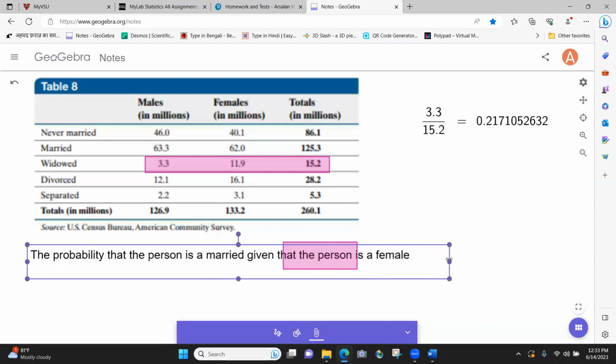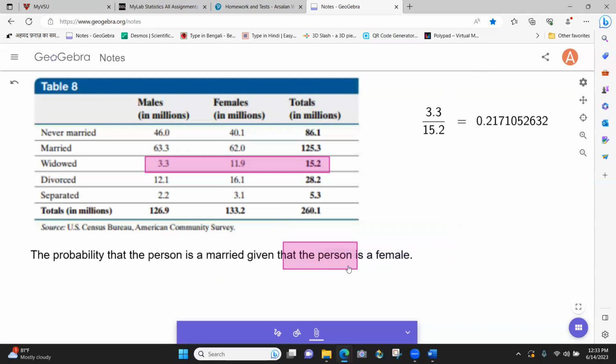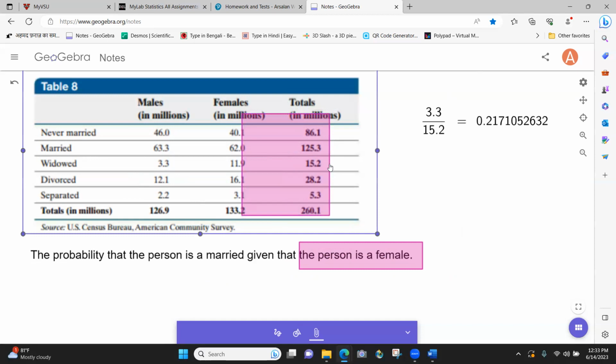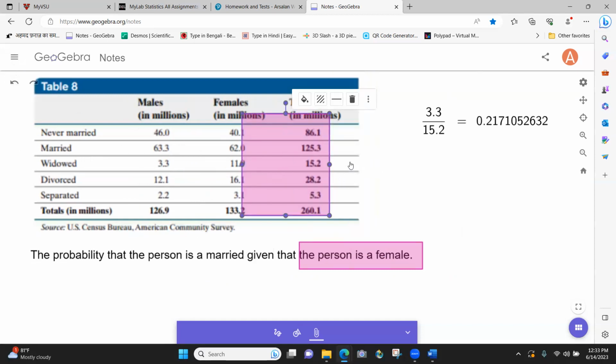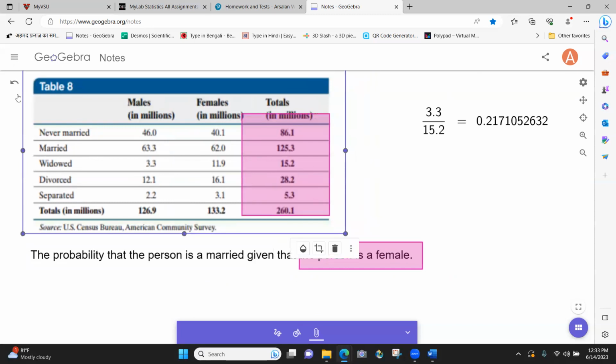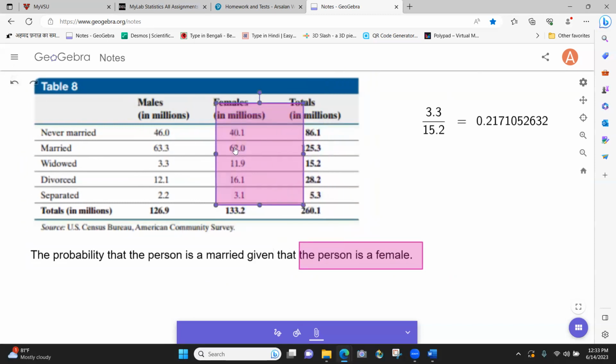Very, very similar. I'm going to highlight this part. The person is a female. We're only talking about females. If we're only talking about females, I don't care about the whole table. My focus is going to be the middle column.